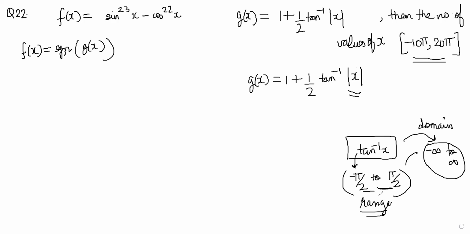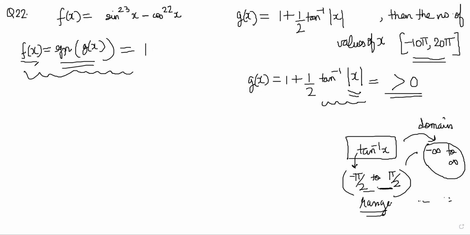Because tan 0 is 0 and tan pi by 2 is infinity, so 0 to infinity values are attained in the 0 to pi by 2 range. I don't care what it is as long as it is positive, because it is 1 plus positive. So g(x) is greater than 0, and so the signum function of g(x) will be 1.